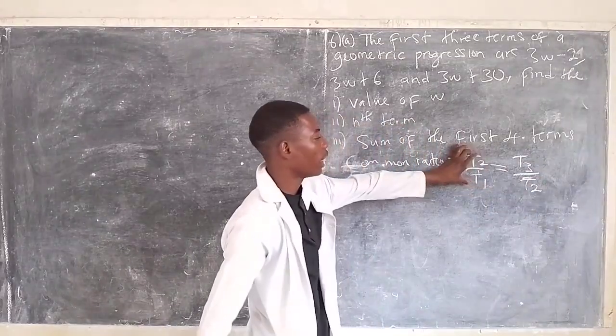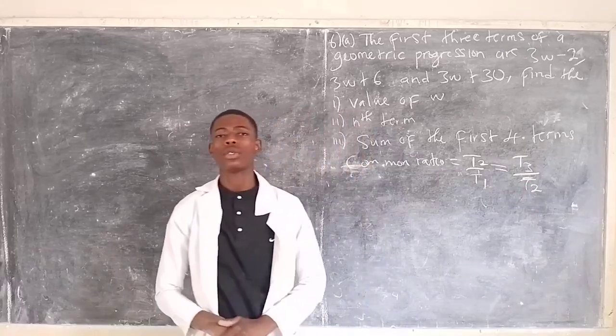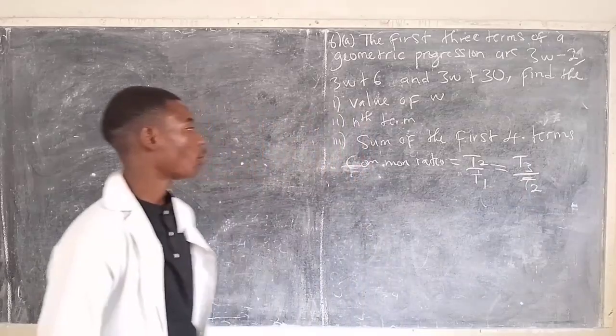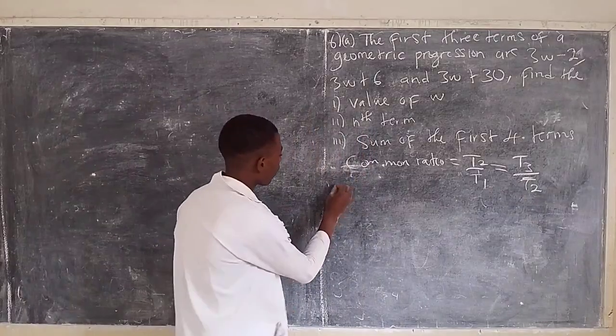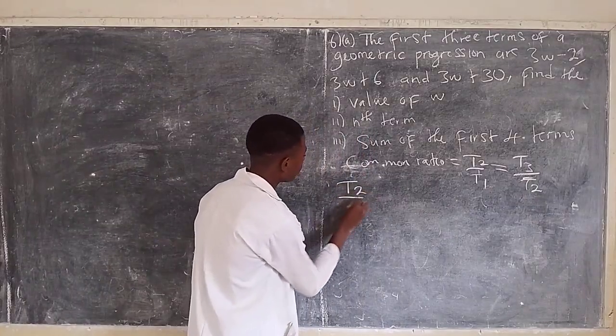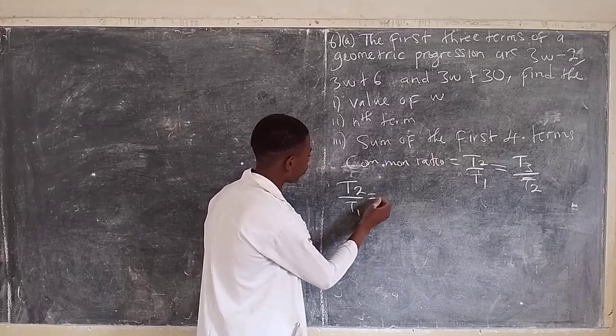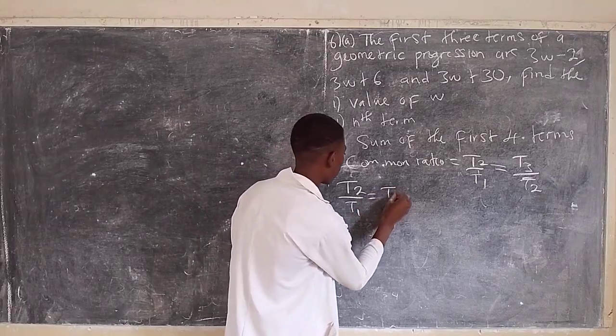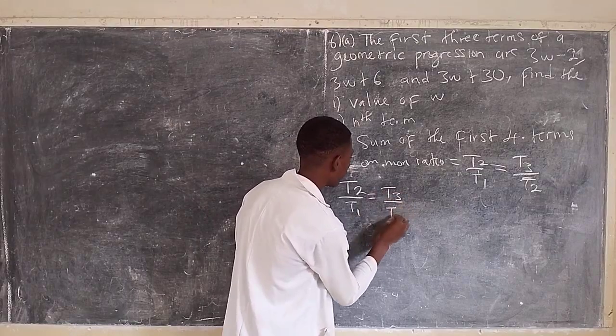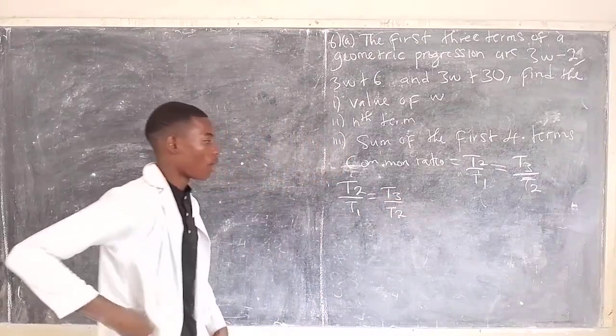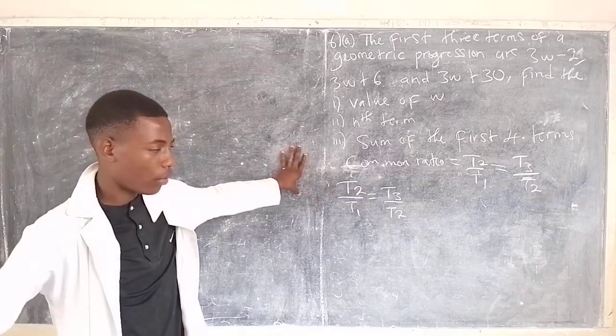So this can produce the same common ratio. So how are we going to use that? So we are going to use this rule. So we have the term number 2 over the term number 1 should be equal to term number 3 over term number 2. So this is our equation that we are going to use.